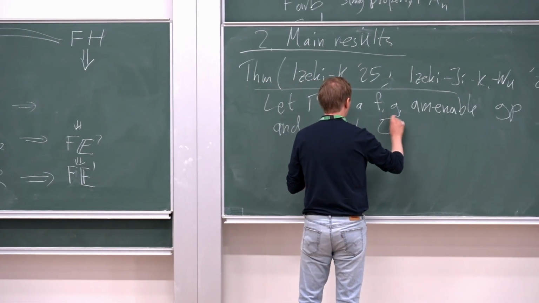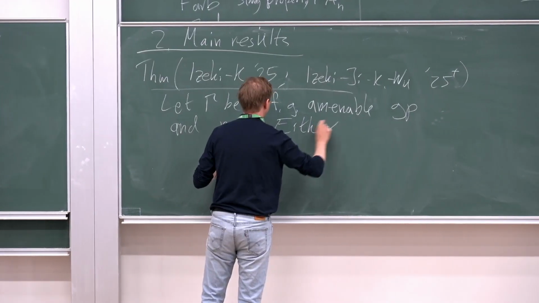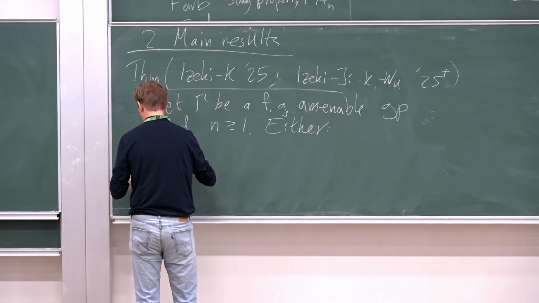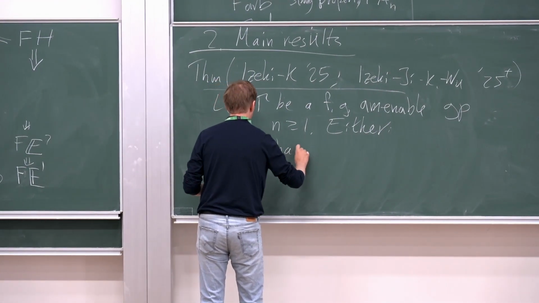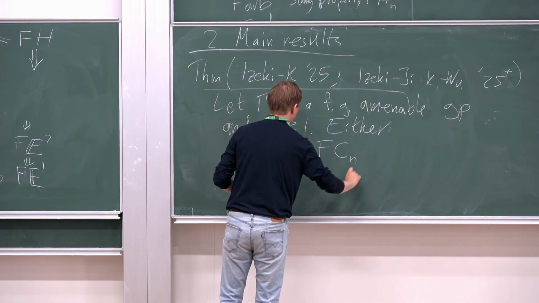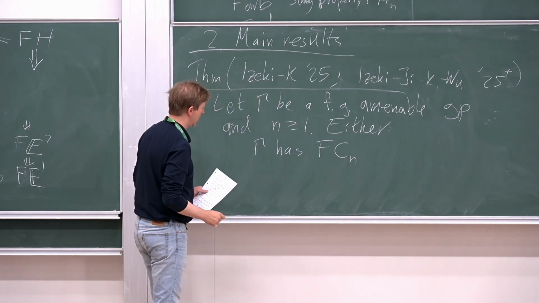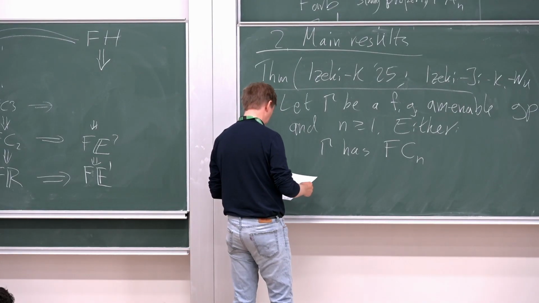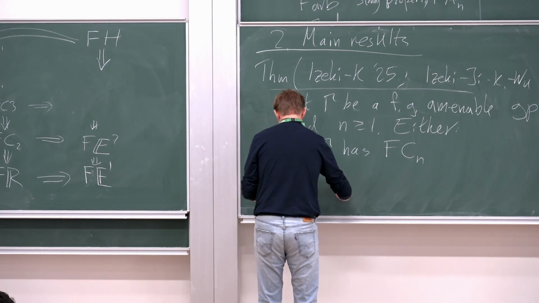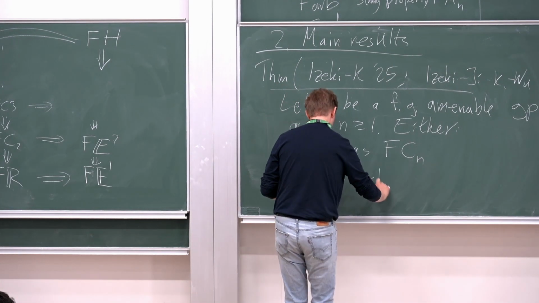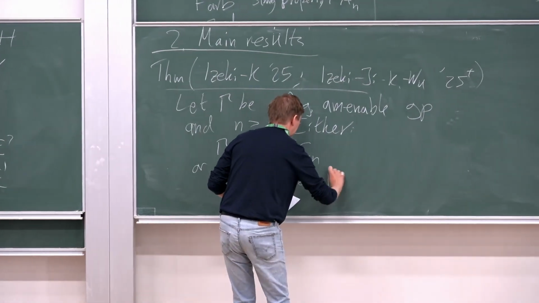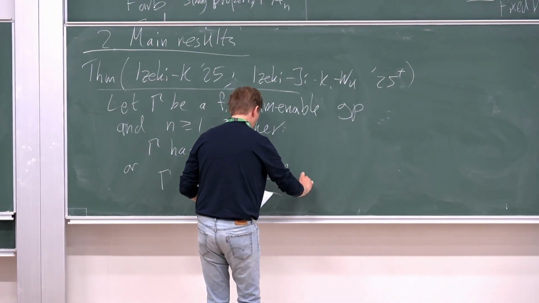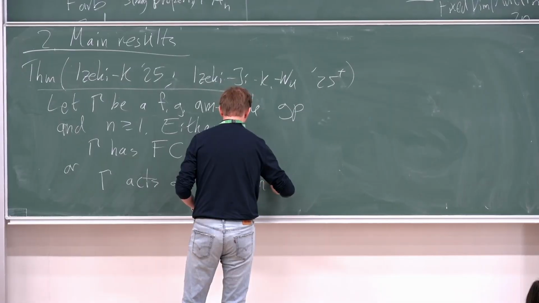Then you have the following dichotomy or alternative: either gamma fixes a point whenever it acts on an at most n-dimensional CAT(0) space, or gamma acts on Euclidean space with no global fixed point.